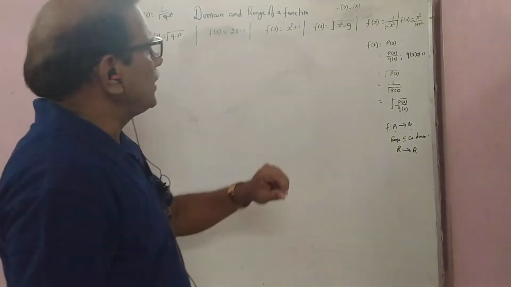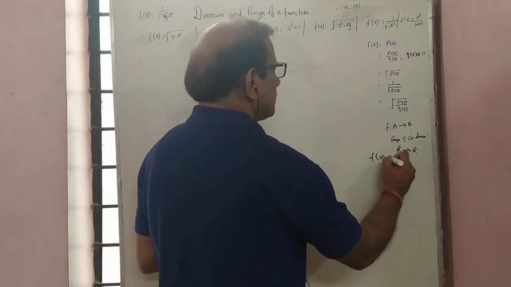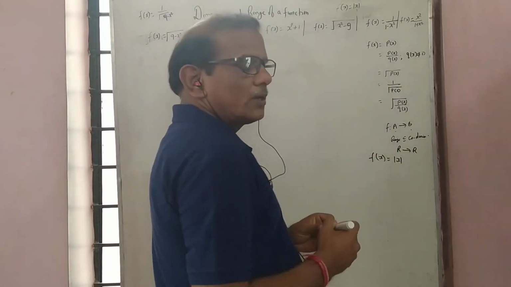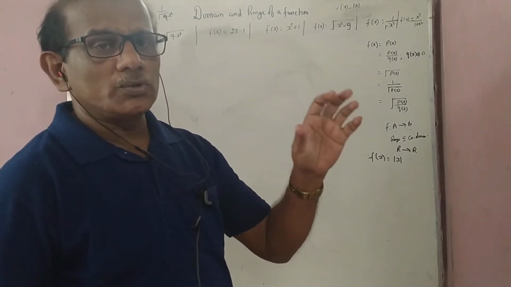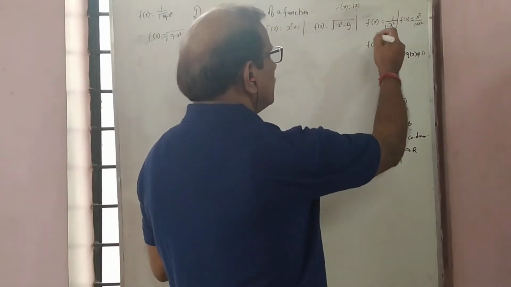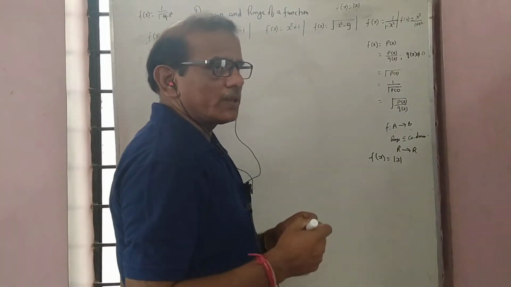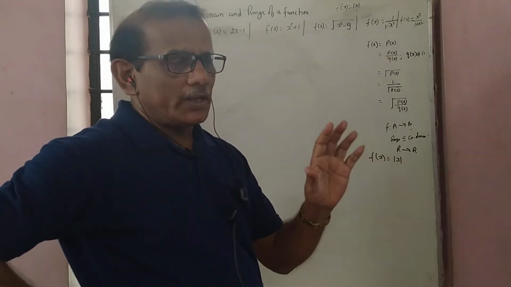Now see, one question I have set here: f(x) = mod x. What will be the domain? Domain is the set of all possible values of x, because x belongs to the domain and y belongs to the codomain.